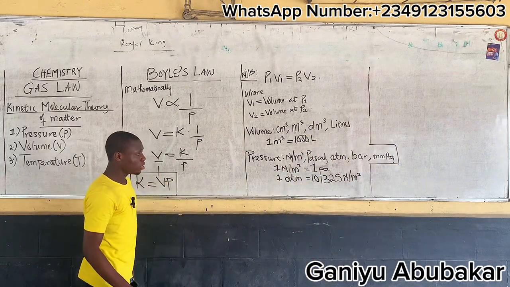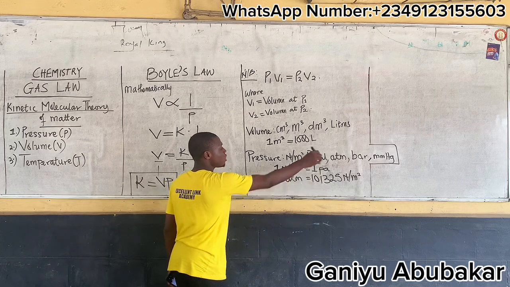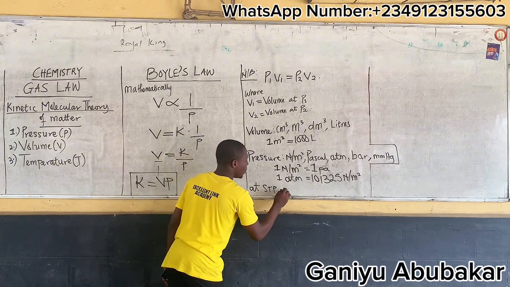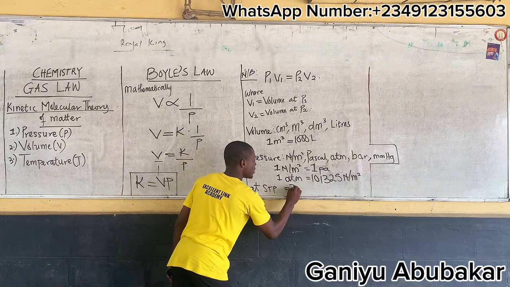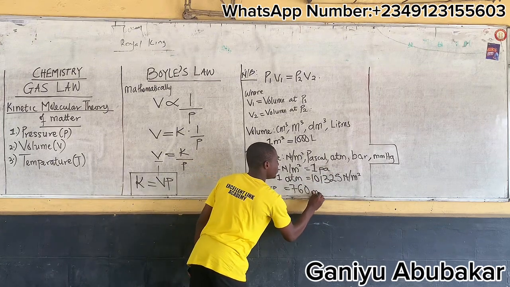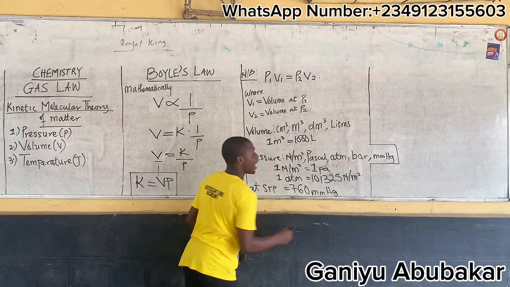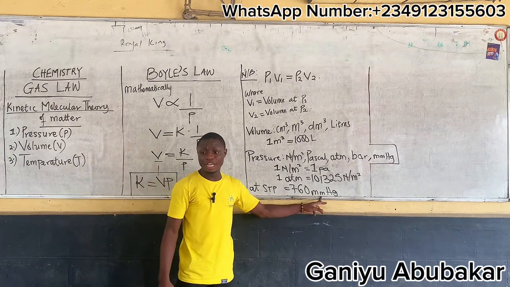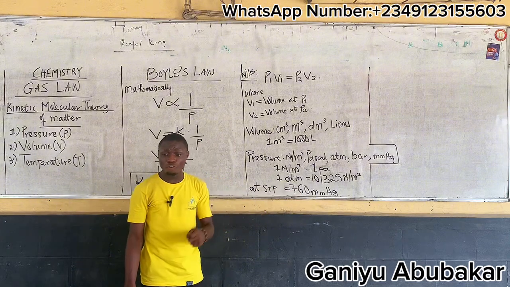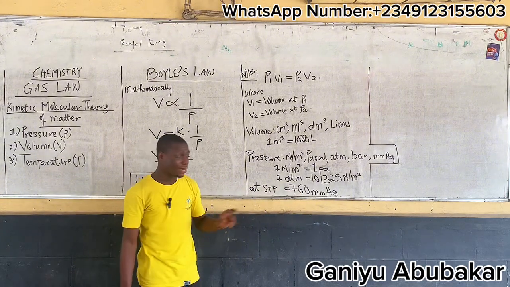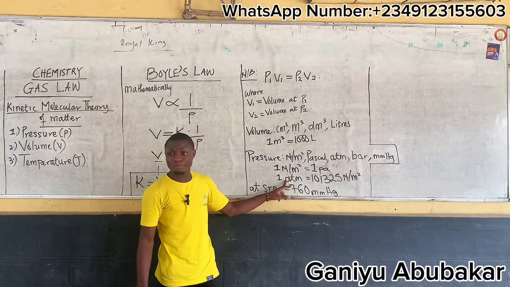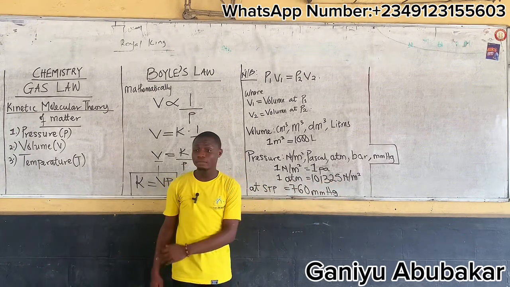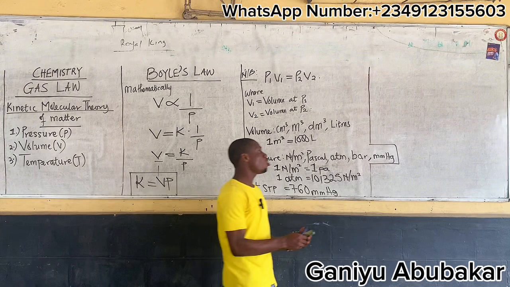At STP, mercury is given as 760 millimeter mercury. In terms of ATM, it is 101.325 Newton per meter squared.